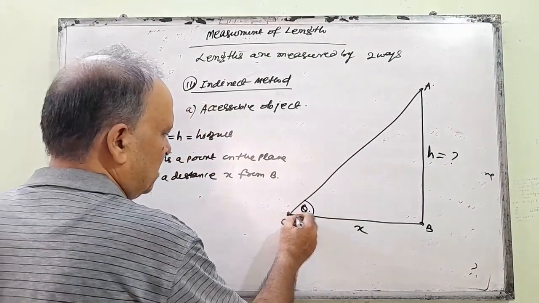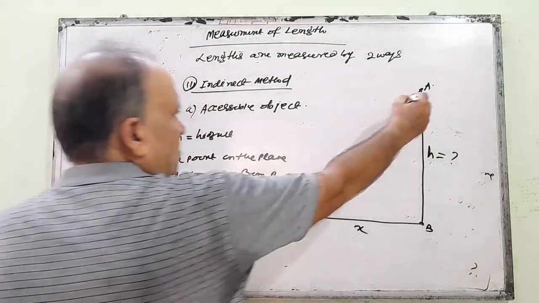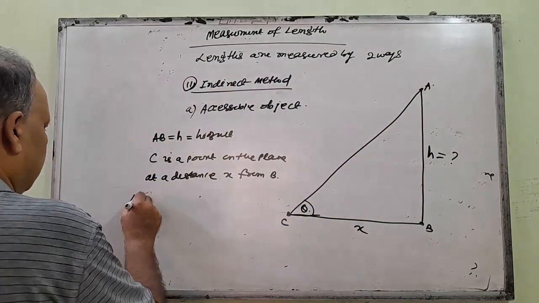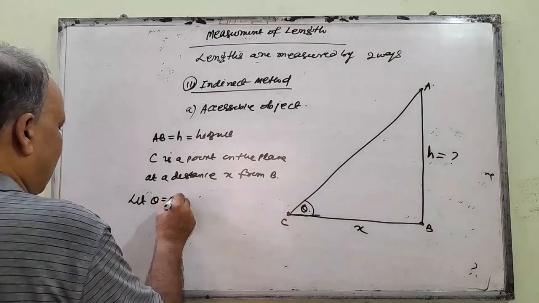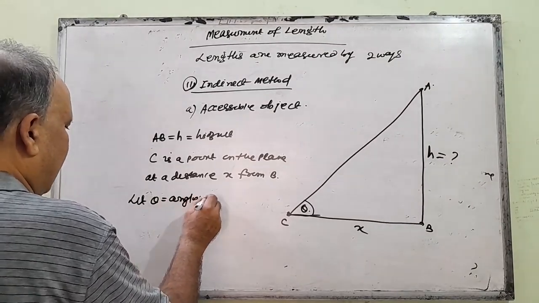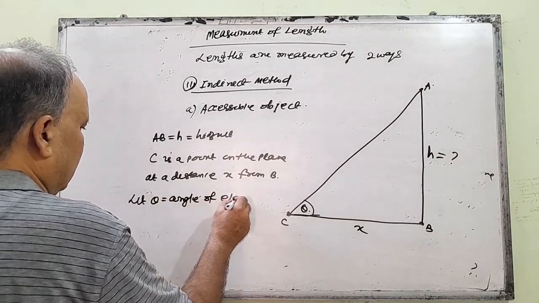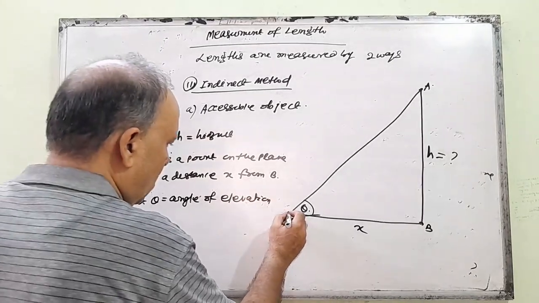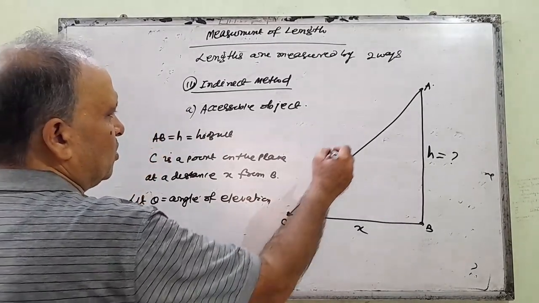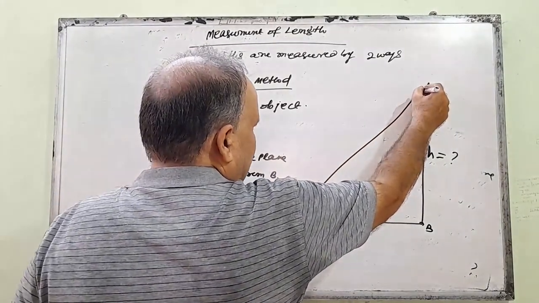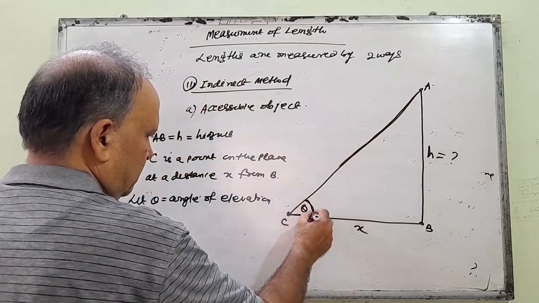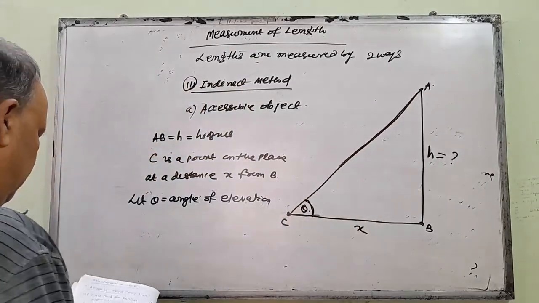Angle of elevation means what? From lower point you measure the angle. Let theta is the angle of elevation. From lower point we watch this point and it makes an angle theta with your eye. This is your theta.